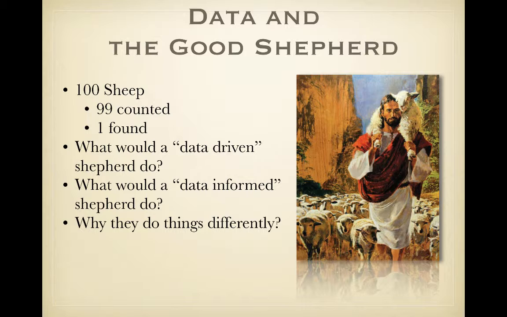So the data-driven decision maker might have been one who took the numbers and was satisfied with the numbers and went on. The data-informed decision maker found what the data said, but then made a decision based on a different criteria, the mission, if you will, his own personal mission, his own personal values, his own personal commitment.